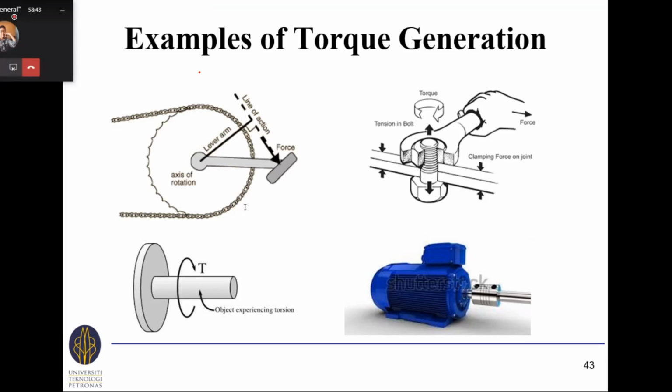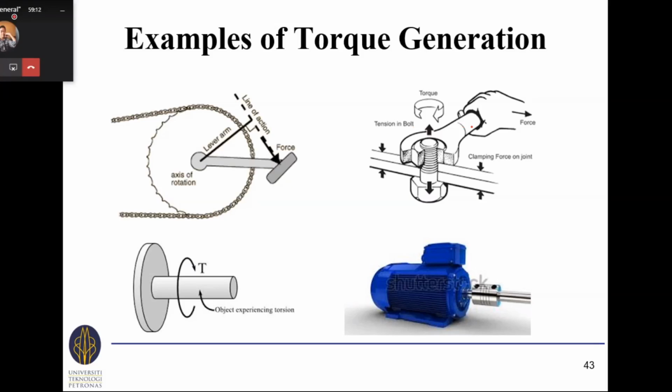Okay, so these are part of the examples that you may find for torques. You can have something like this when you're pedaling your bicycle. The gear is actually fixed, or attached, to the pedal, and from the pedal itself you can see whether you need to put extra force or just an average force when you're pedaling so that the bicycle is moving.